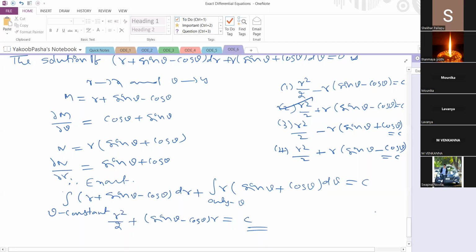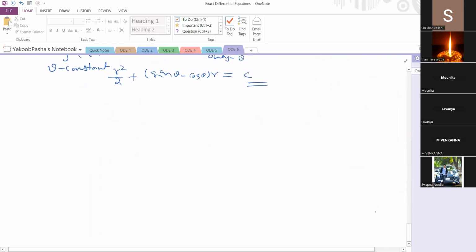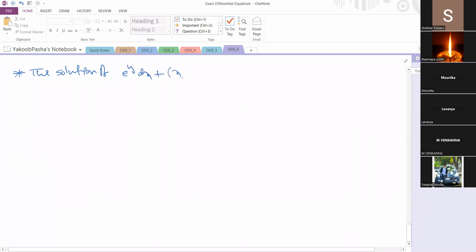Now these are the problems from previous question papers. I am giving some problems we may solve. First problem, the solution of e^y dx + (x e^y + 2y) dy = 0 is.